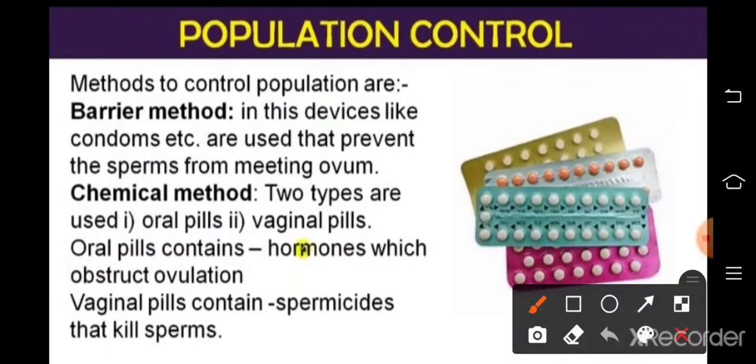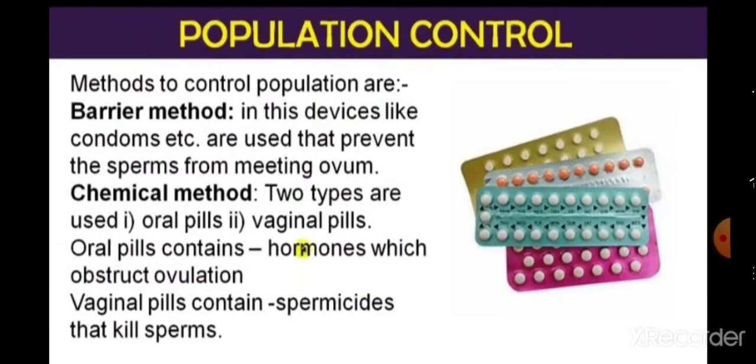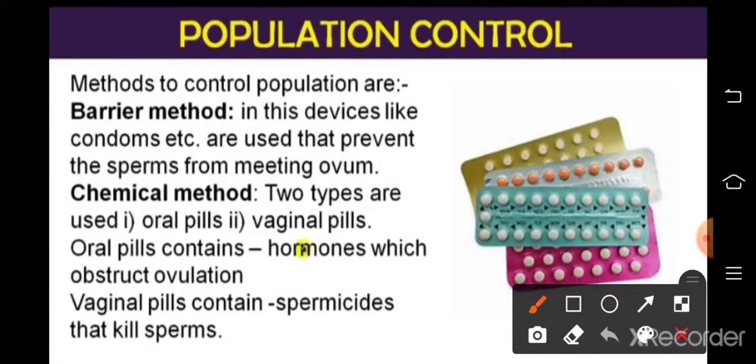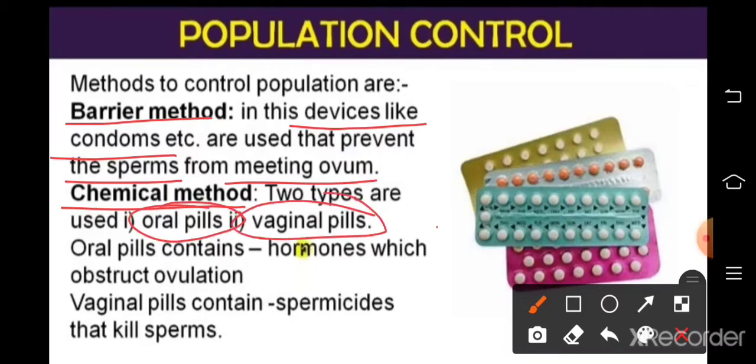Population control. Next topic is population control. What is population control? Nowadays population is a major problem. So we can control it by some methods like barrier methods and chemical methods. The barrier method is the method in which devices like condoms are used that prevent the sperm from meeting the ovum. In the chemical method, oral pills and vaginal pills are taken.